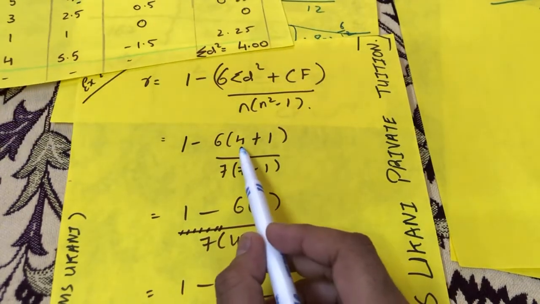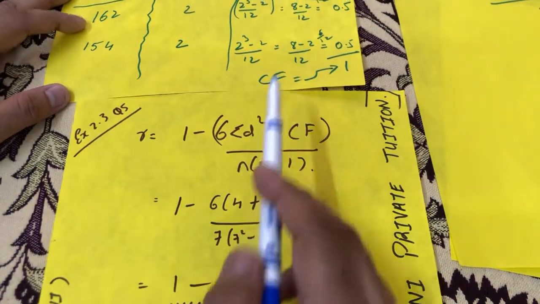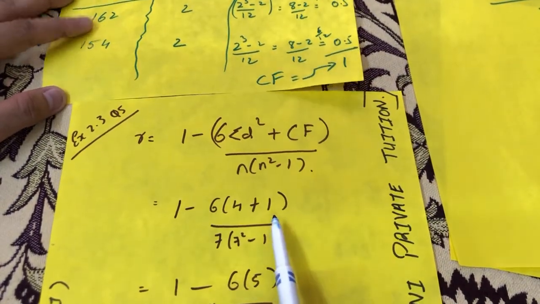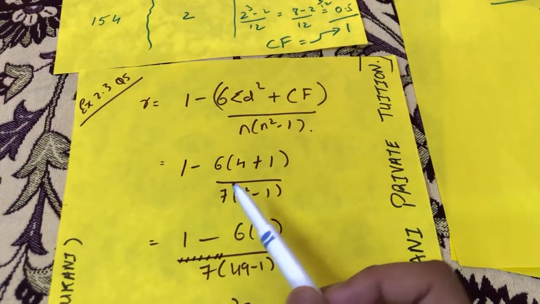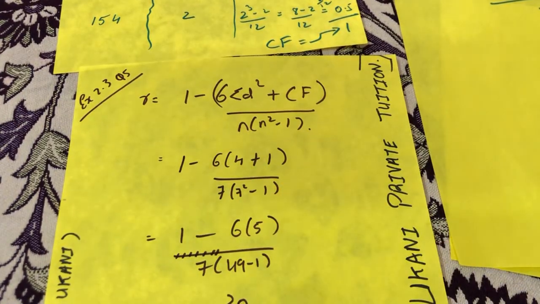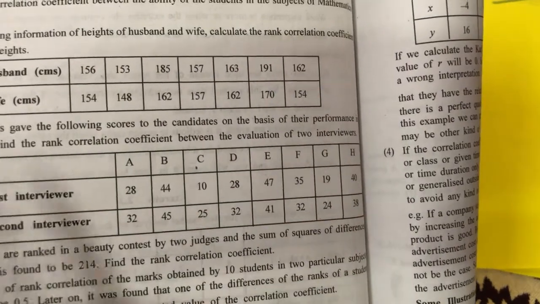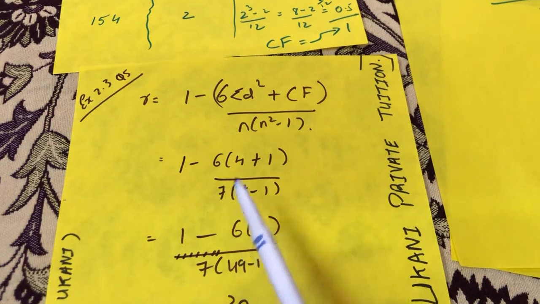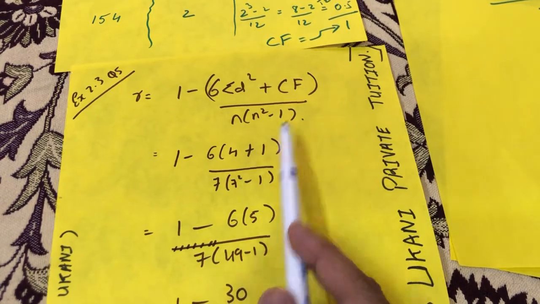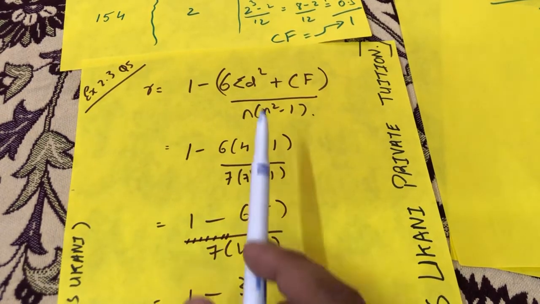So here I have put 4 plus our CF, which is 1. Okay. So here we will put 1 upon n. n means the number of heights given in the question. See over here, 1, 2, 3, 4, 5, 6, 7. 7 heights have been given. So here n will be 7, n square minus 1, so 7 square minus 1. So here I have put the numbers in the formula.